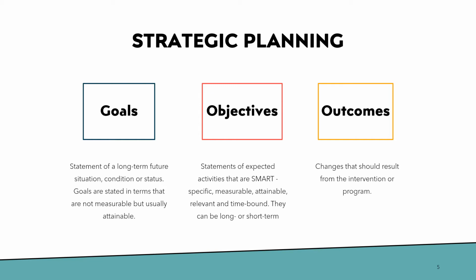And then the outcomes are the changes that should result from the intervention or the program. So those are the measures that you are going to see change in, or the indicators of change that you're going to be tracking over time. So in that way, I think about these as tiers. You have a goal, several objectives.